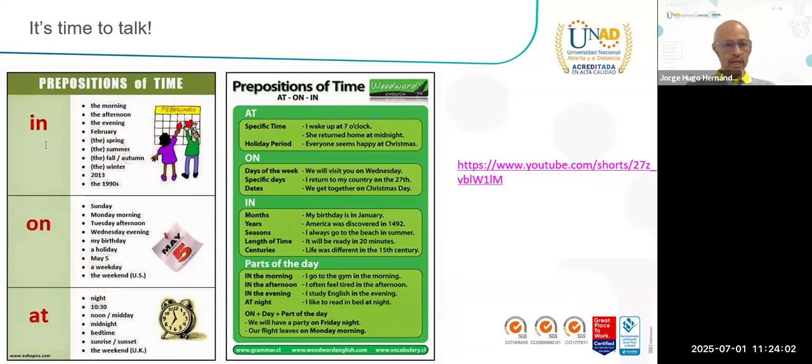Let's continue. Now, when we use the preposition of time on, here we have the specific cases. In order to say the days of the week: on Sunday, on Wednesday, on Friday, on Tuesday, on Thursday, we say on. We don't have to think in Spanish when we are using these expressions.